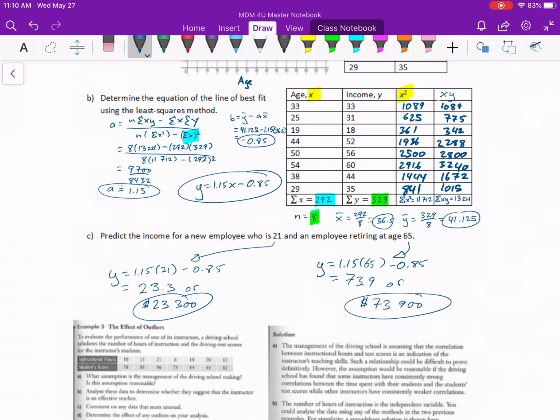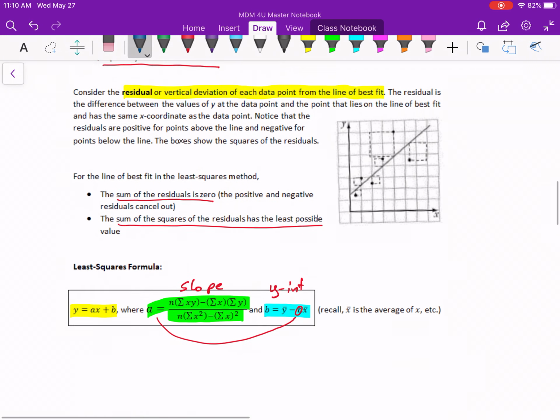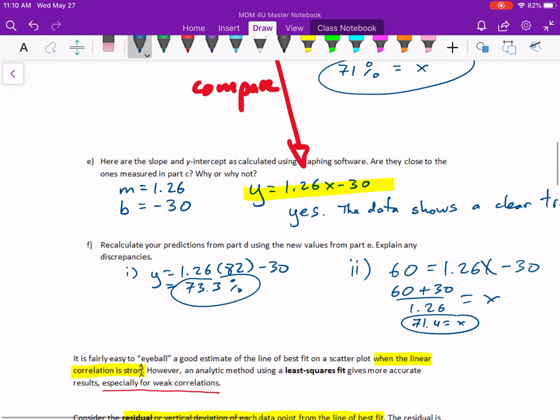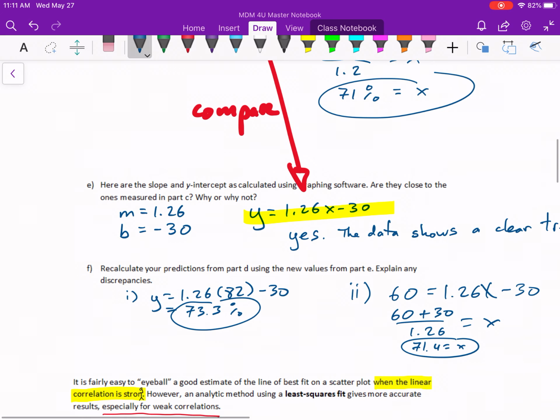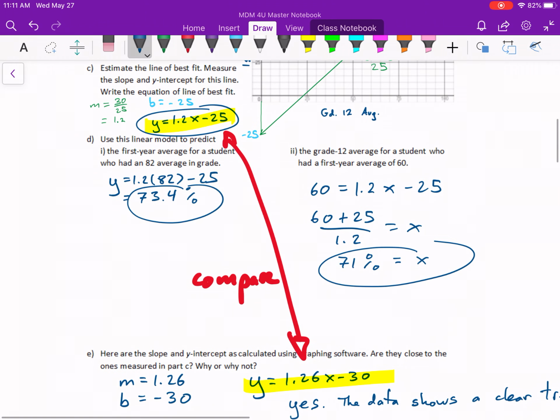So, comparing these two things, the least squares formula is more accurate. That is the kind of thing that's used way back in example 1e, where I said I used graphing software. They use this formula to get an accurate equation. But I also saw that for something with a very strong correlation, an estimate can be good enough.